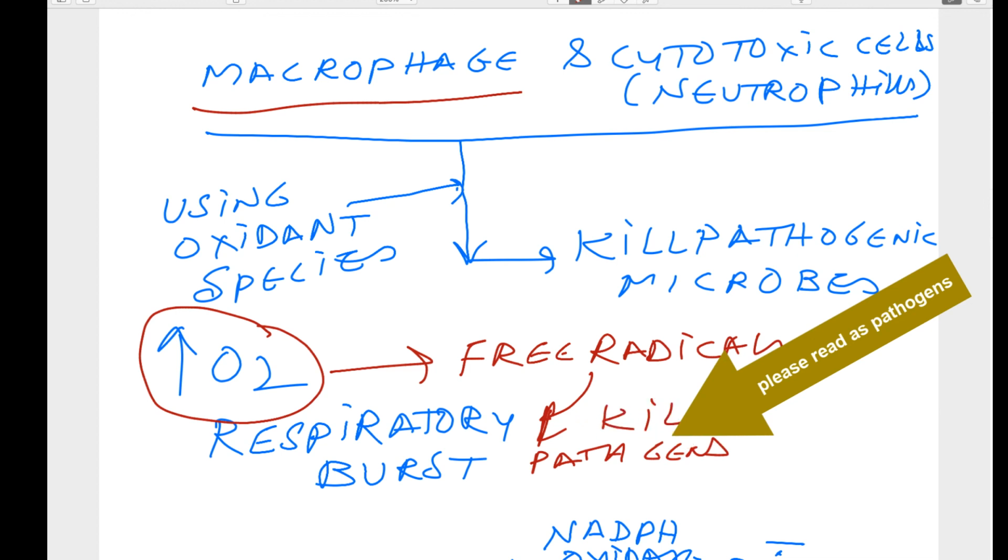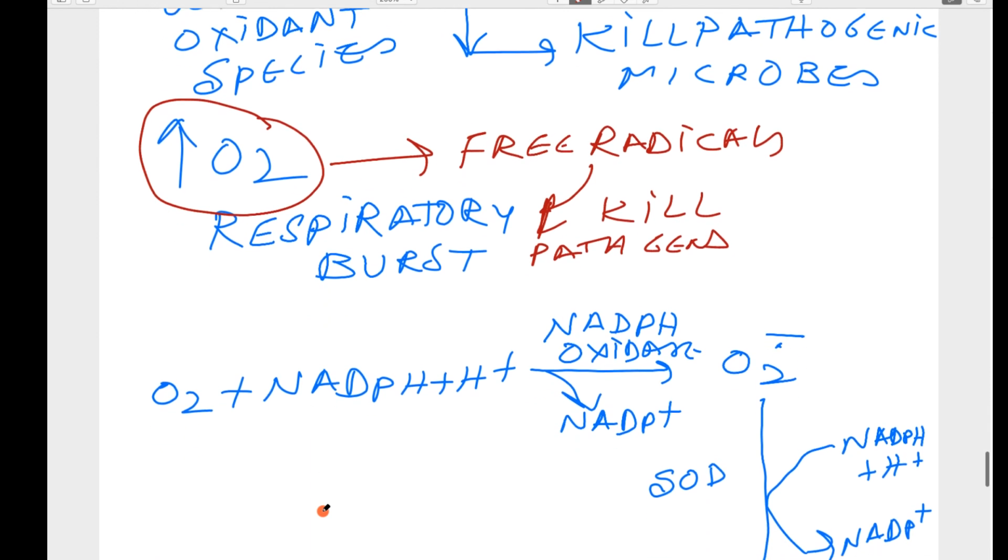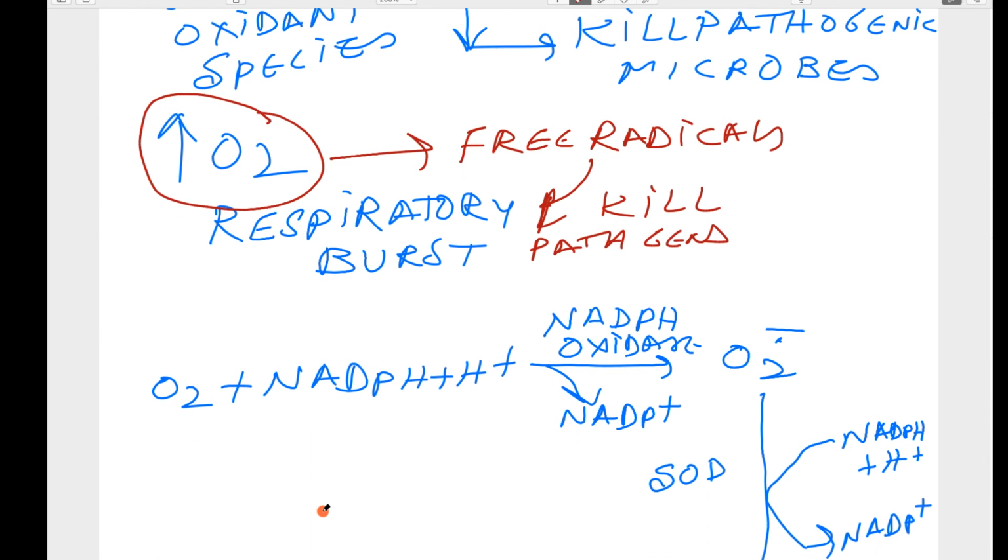During the period of infection, there is a sudden increase in the usage of O2 by the cells. We call it the respiratory burst. How does this take place? What is the role of NADPH? O2 plus NADPH plus H+, by NADPH oxidase, with NADP+ released, leads to superoxide.